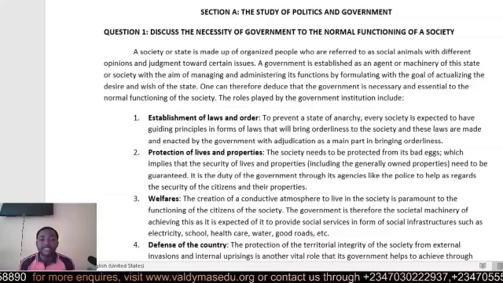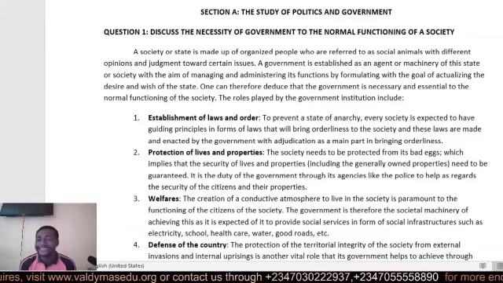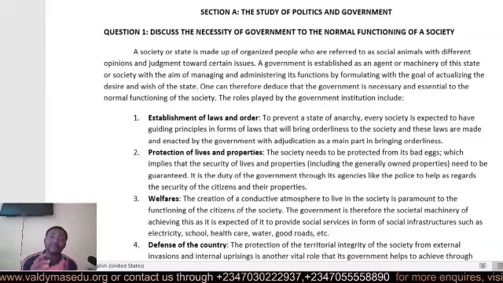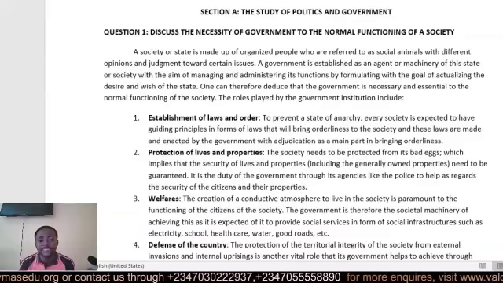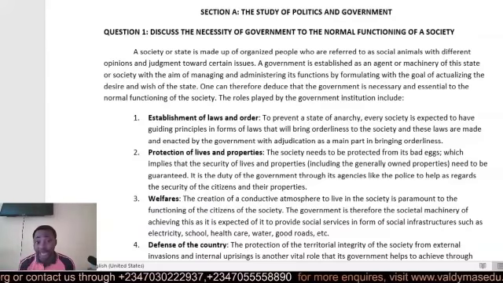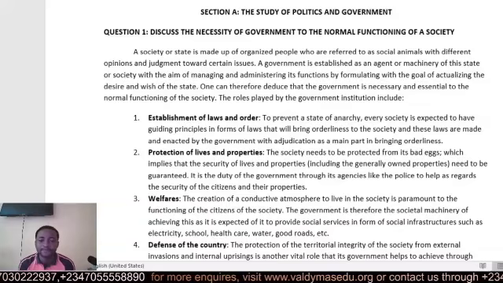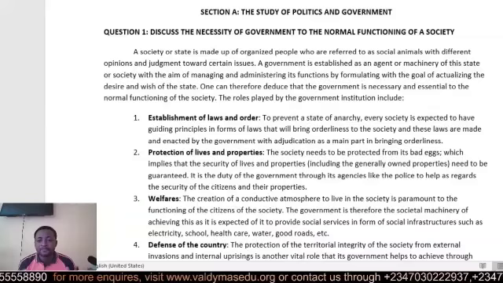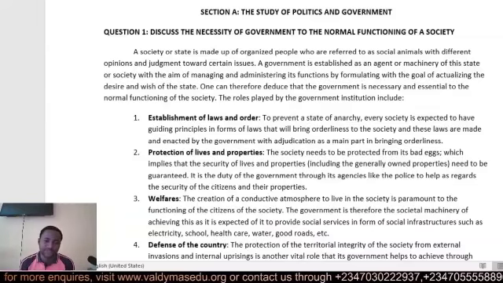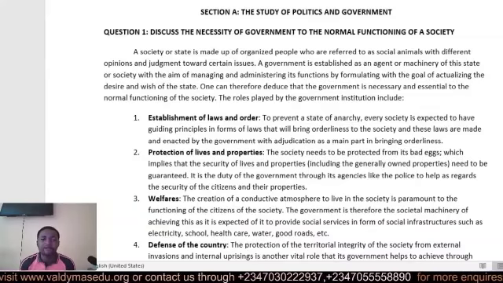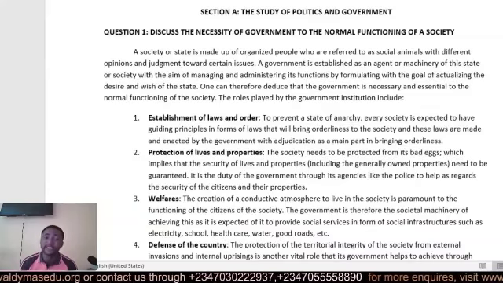The goal of establishing a government is the desire to see that the whims and caprice of the state are actualized through the machinery that has been established by the system. One can therefore deduce that the government is necessary. The government is essential to the normal functioning of the state.